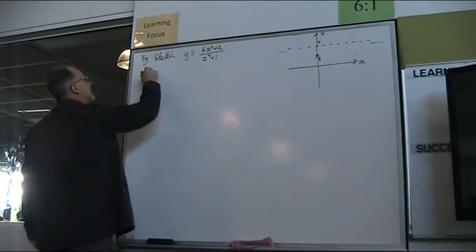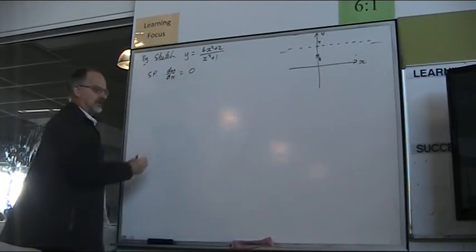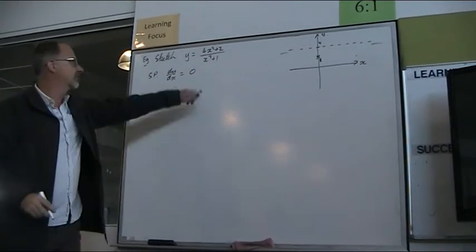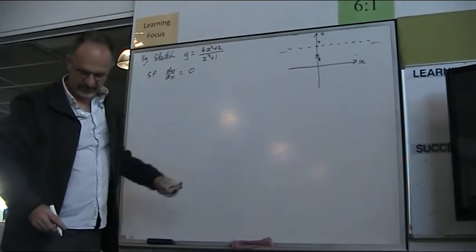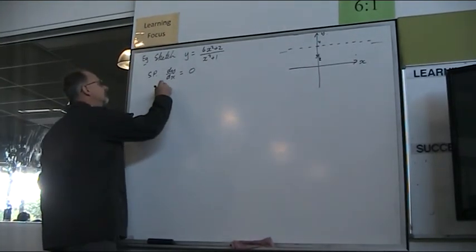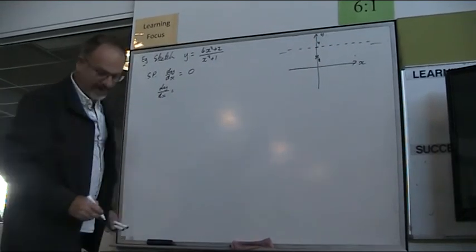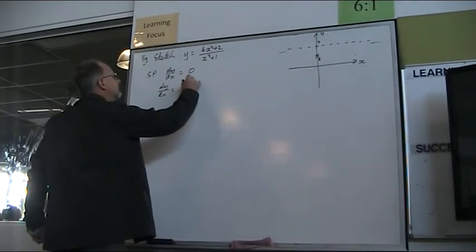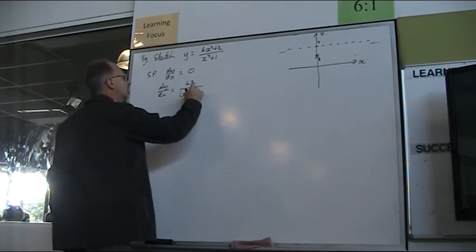Alright, so stationary points, dy/dx equals 0. If you use the quotient rule on that, you get this: 4x over x squared plus 1 squared.